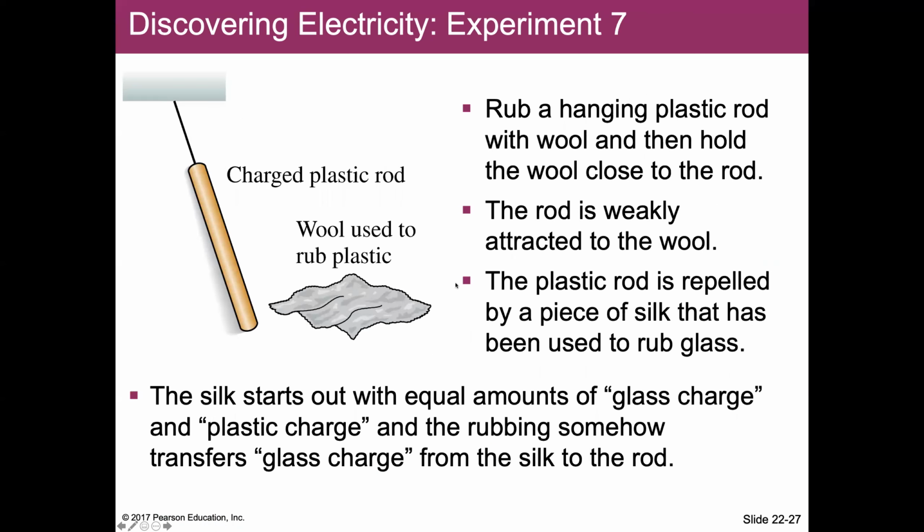Okay, experiment 7. Rub a hanging plastic rod with wool and then hold the wool close to the rod. The rod is weakly attracted to the wool. The plastic rod is repelled by a piece of silk that has been used to rub glass. So the silk starts out with equal amounts of glass charge and plastic charge, and the rubbing somehow transfers the glass charge from the silk to the rod.